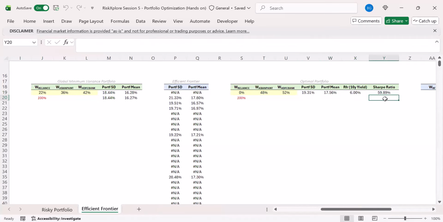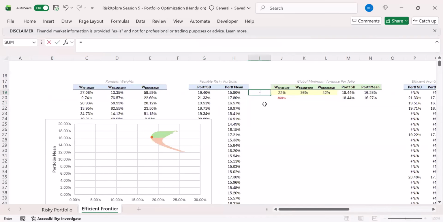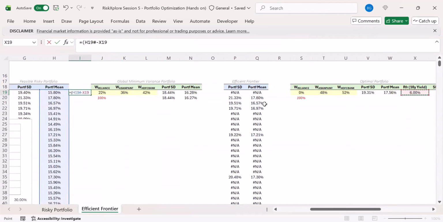And now if we have to do this from the simulations itself without relying on solver, what we can do, we can find out Sharpe ratio for each of these combinations of SD and mean. So we can do this equals to the complete range of portfolio mean minus the risk-free rate divided by the complete range of portfolio SD.